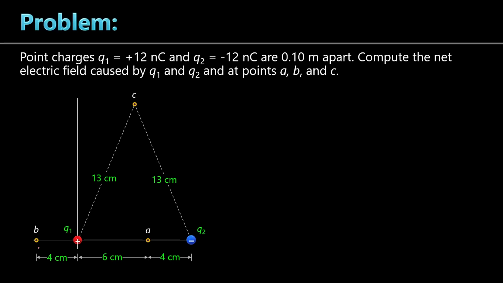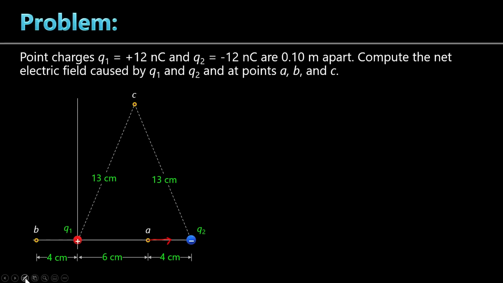Isa-isahin natin yan. Ano ang itsura ng electric field at point A due to Q1? Since Q1 is positive, dapat ay away. So, ito siya. Pula yung ginamit ko kasi pula din naman siya. Now, at the same point, ano naman ang electric field due to Q2? Mas malapit yung Q2 sa point A, kaya in-expect natin mas malaki yung electric field niya.